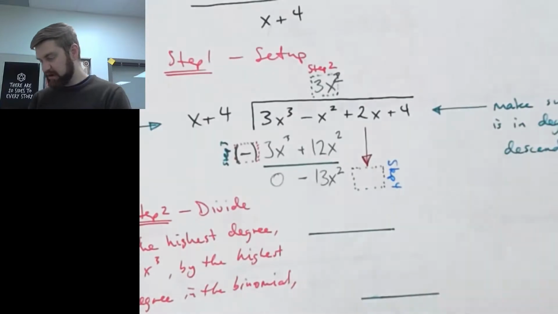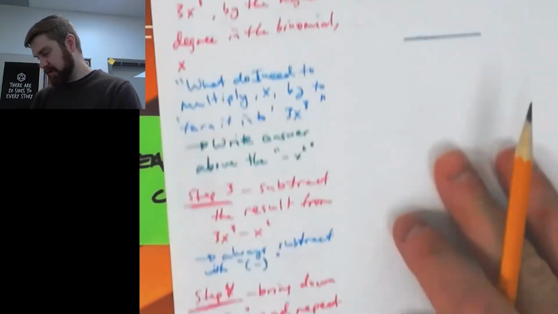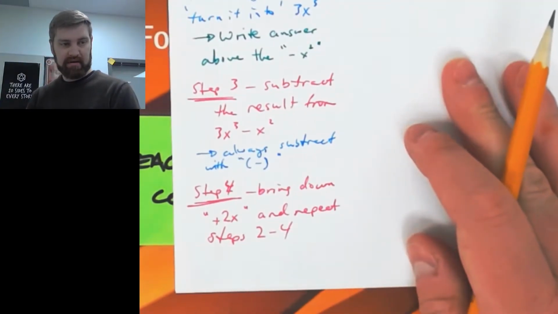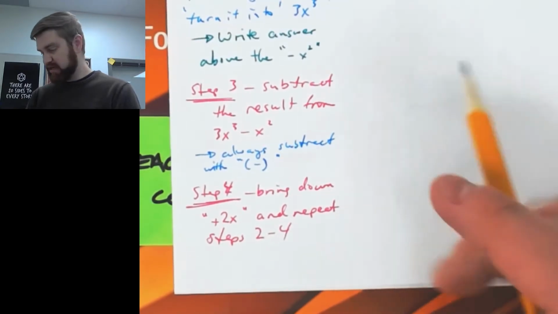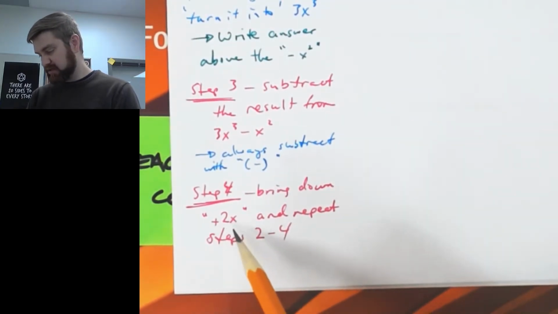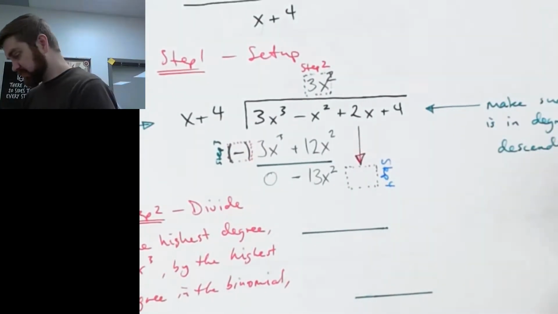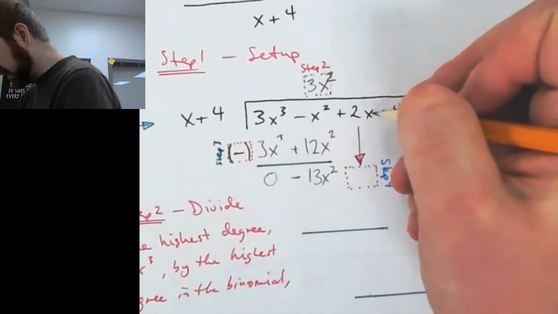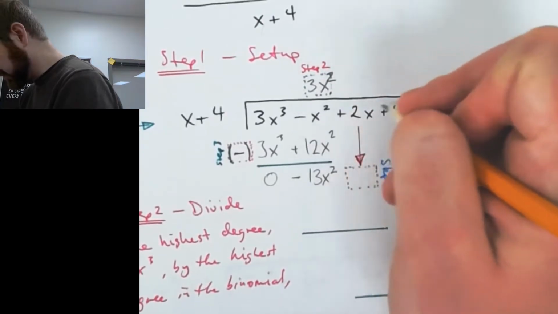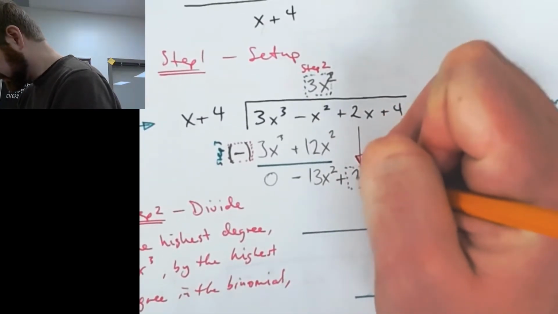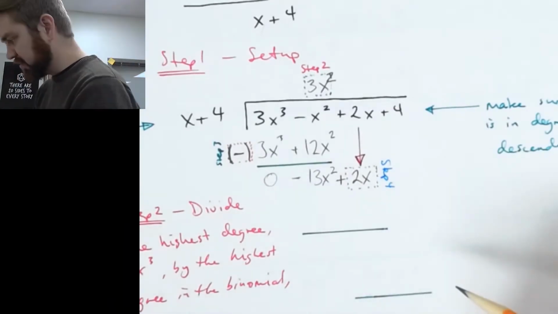And then once I get down to that step, I do my last step here. In the sequence, I bring down, in this case, the plus 2x and kind of repeat steps 2 to 4. So I'm going to bring down the positive 2x. And then I'm going to repeat the steps.